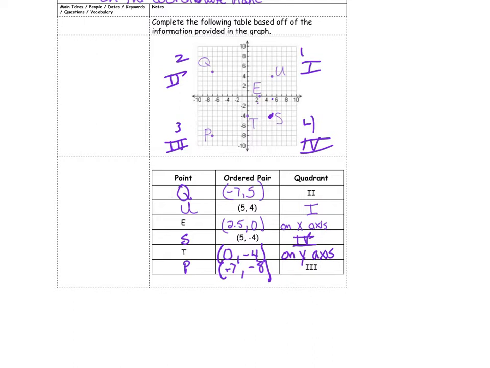How'd you do? So I have to go back to my coordinate plane, and I'm going to find my Q and P and U and S, I think were the ones. So Q and P, one way, if it's going exactly horizontal and vertical, you can just count the points.